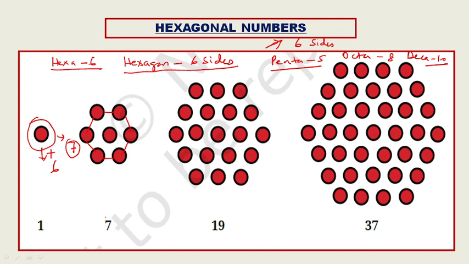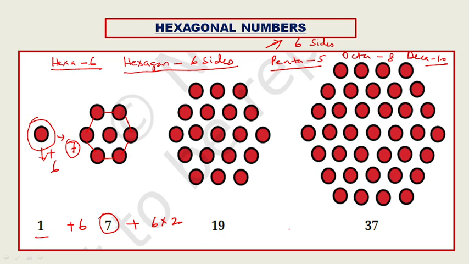Similarly, not power of 6, multiples of 6 we need to add to the number. Like in 1, you are adding 6. Here in this one, we are adding 6 into 2.